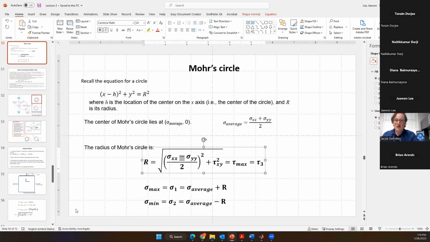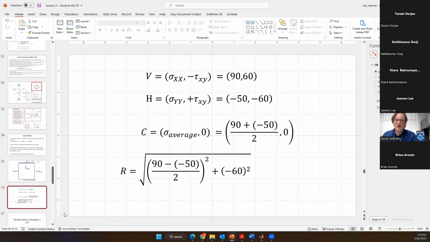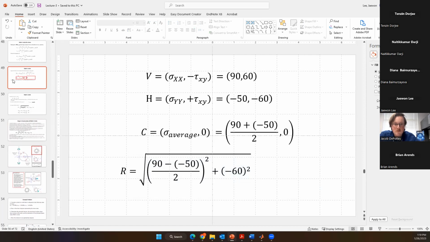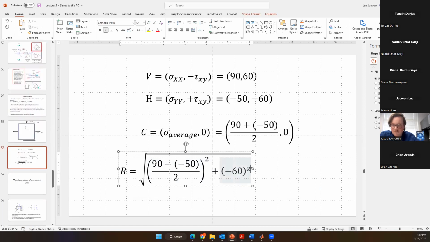This one has a negative, my mistake. Please calculate again. I believe it's 92.195.